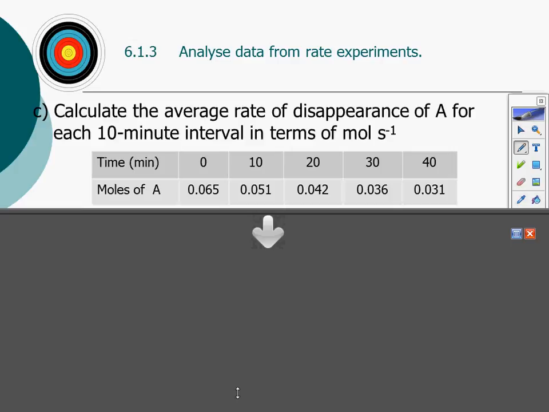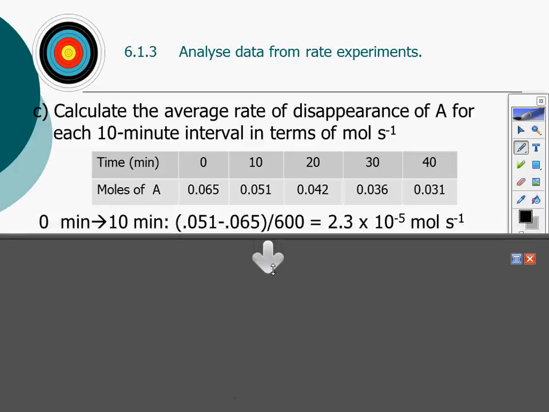Anybody else have an answer? Did you get that? Good. You must convert that to seconds because it says moles per second.